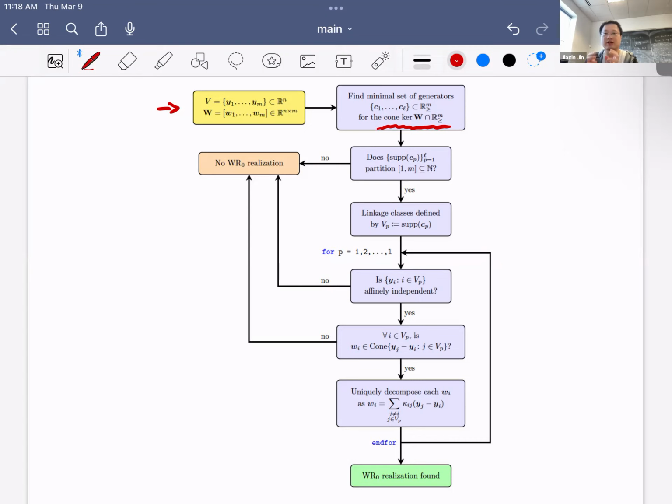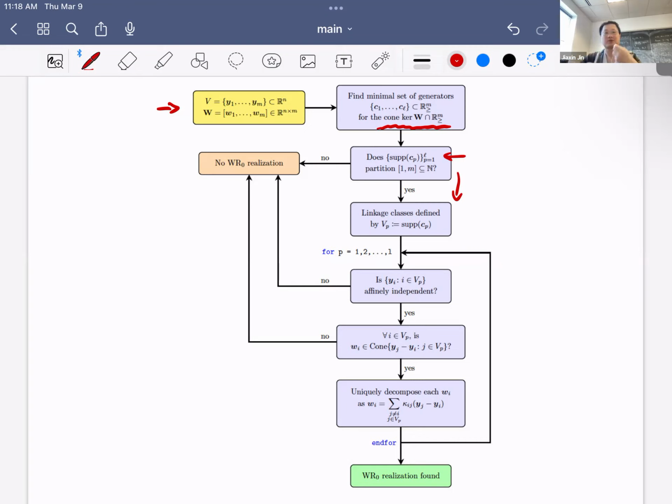Then use these generators, you just need to look at their support. The support of these generators will give us which vertices belong to what kind of linkage class.